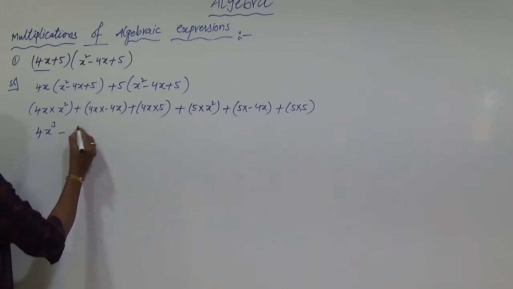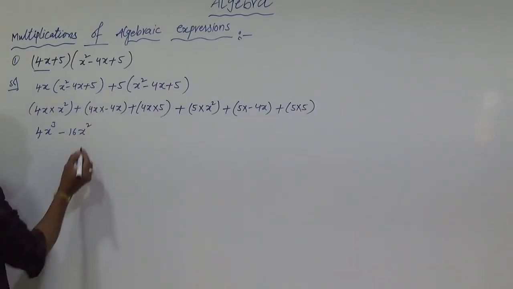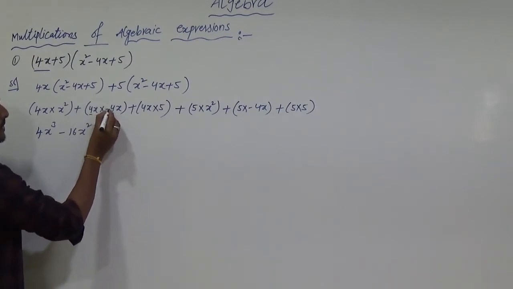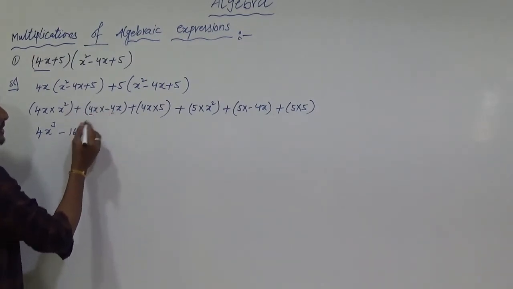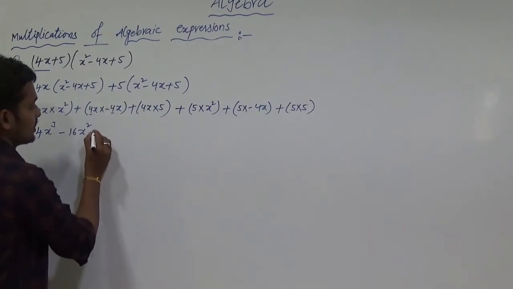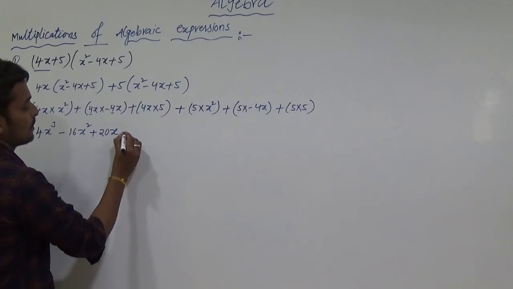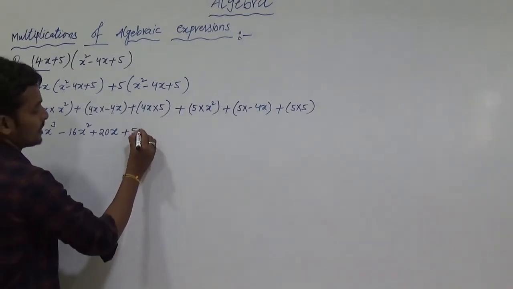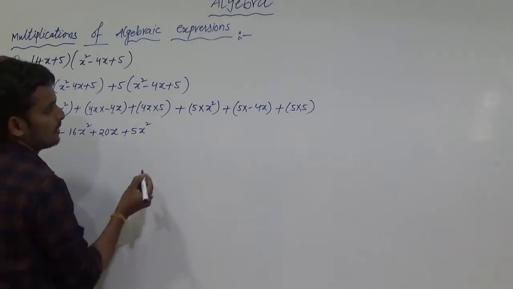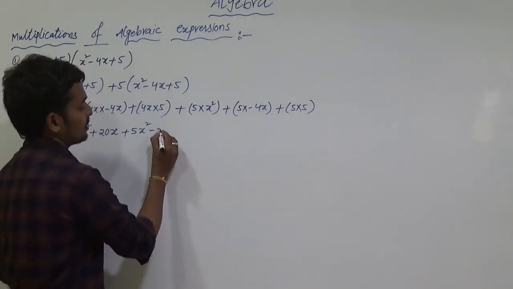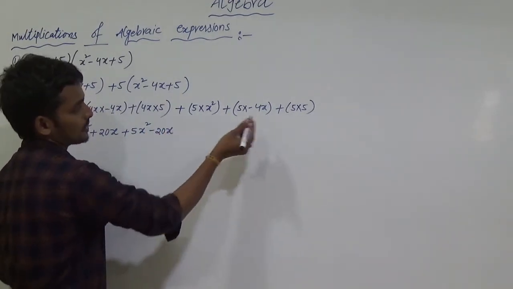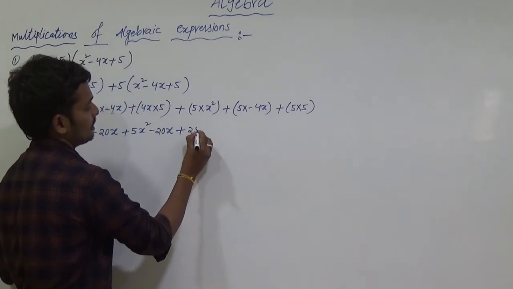Minus 4 4s are 16, x into x is x square. Have you observed? Plus into minus is minus, 4 4s are 16, x into x square. Here plus 4 5s are 20, into x, 20x. Plus 5 into x square is 5x square. Minus 20 into x is 20x. There 5 5s are 25.